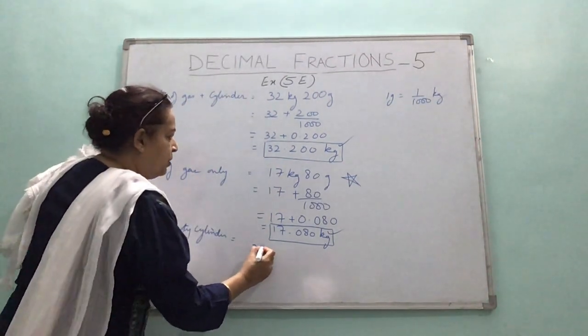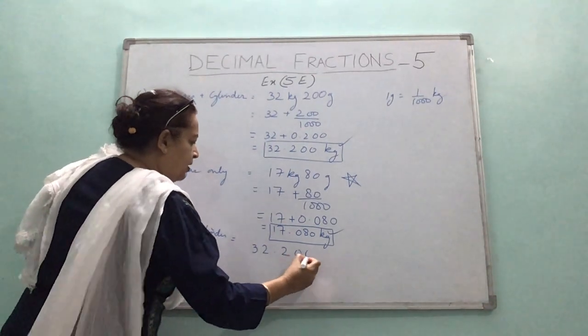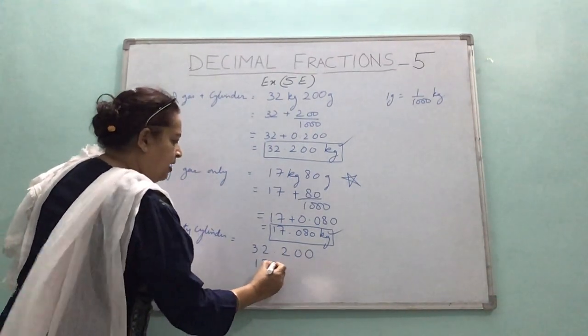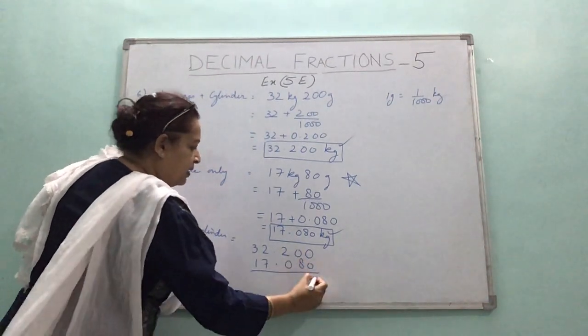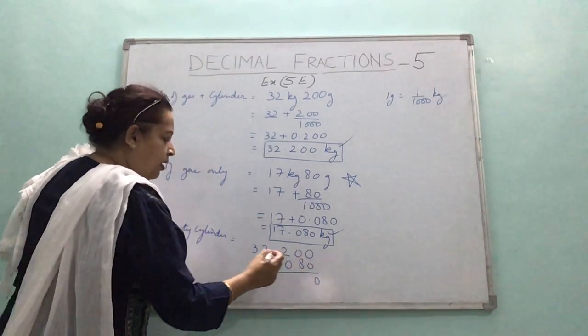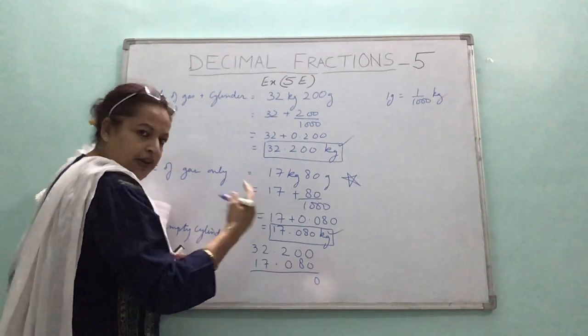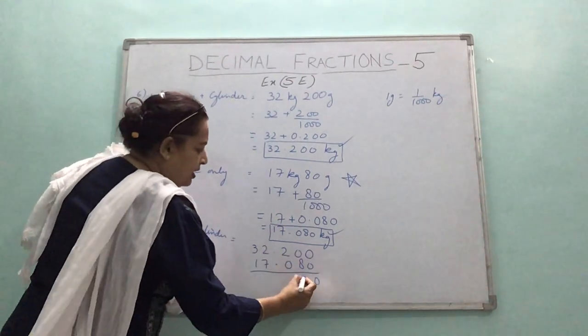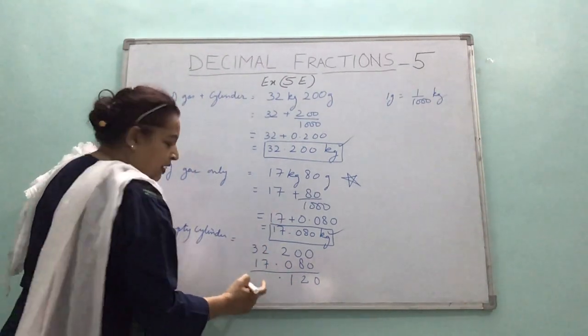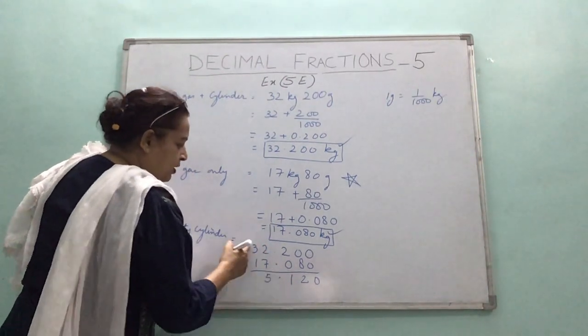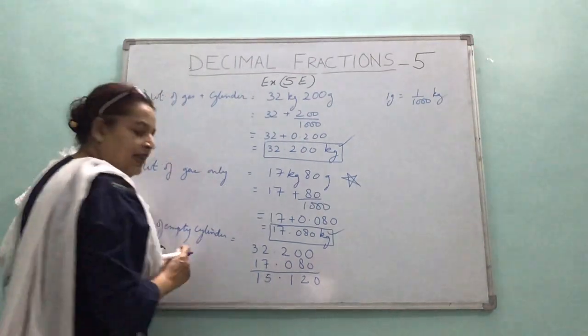It is 32.200 and 17.080. Borrow, well, borrow, we do it mentally. 10 minus 8, 2, it is 1, so it is 1. Again borrow, 12 minus 7 is 5, 2 here, 2 minus 1 is this.